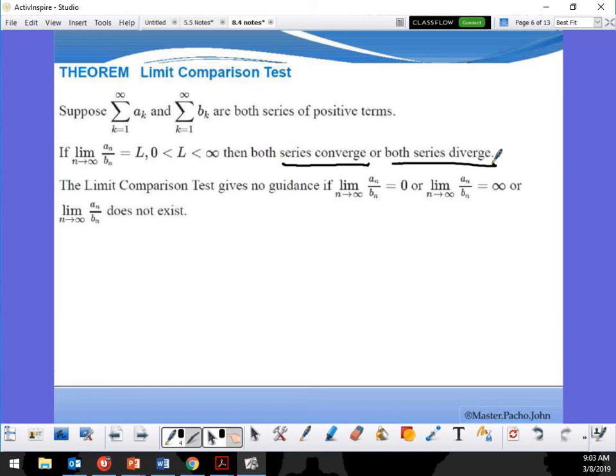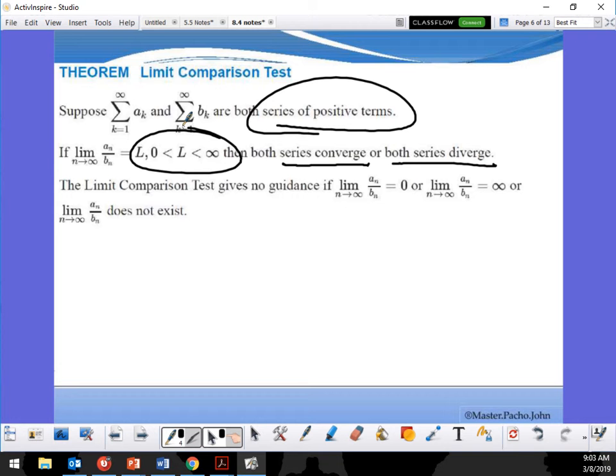Since I compared it to a divergent series, the 1 over n, did I get a positive term, a limit somewhere between 0 and infinity? Yes. I do have a limit between 0 and infinity, so I got the number 1, and 1 fits into those bounds between 0 and infinity.